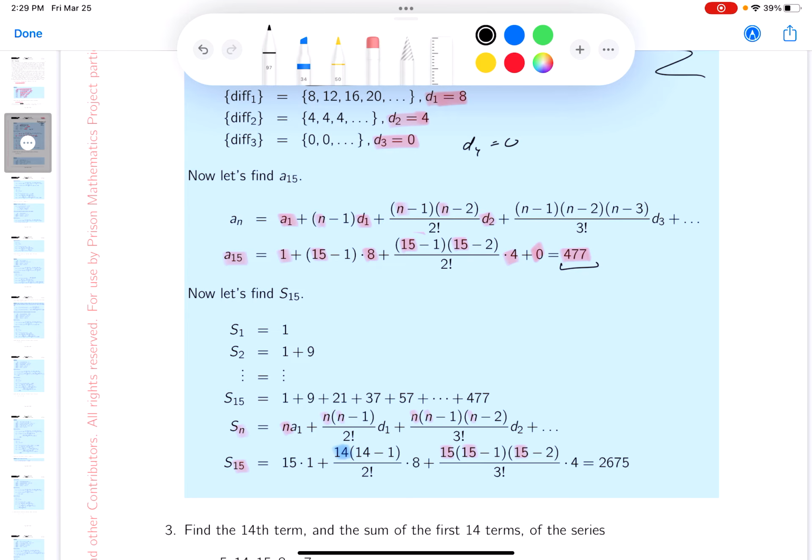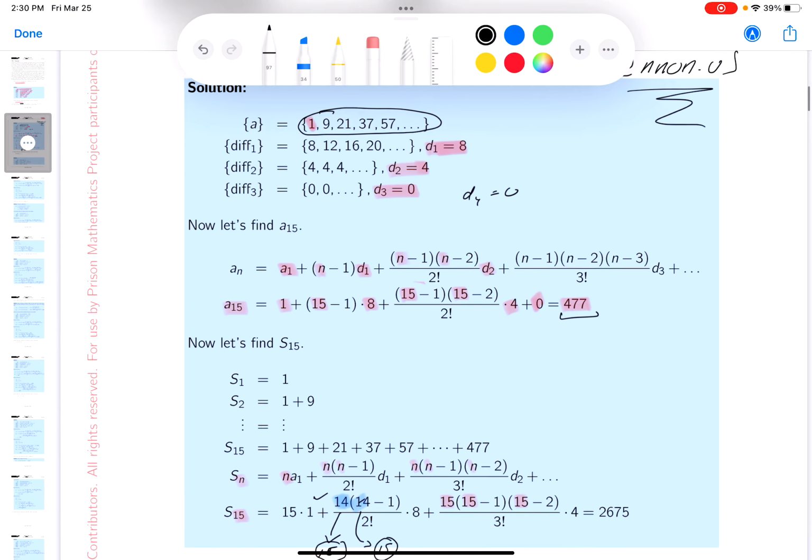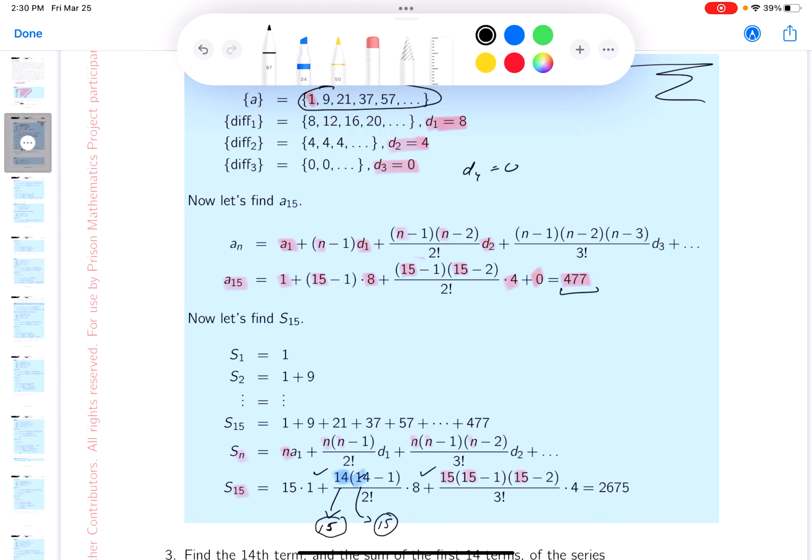This should be 15. I just noticed it. It's a typing error, though. I think my answer is correct. And this should be 15 here, too. My blue pen out. You got 2 mistakes there. All right? And then A1 is 1. D1 is 8. And then you get 4. Everything after that's going to be 0, by the way.